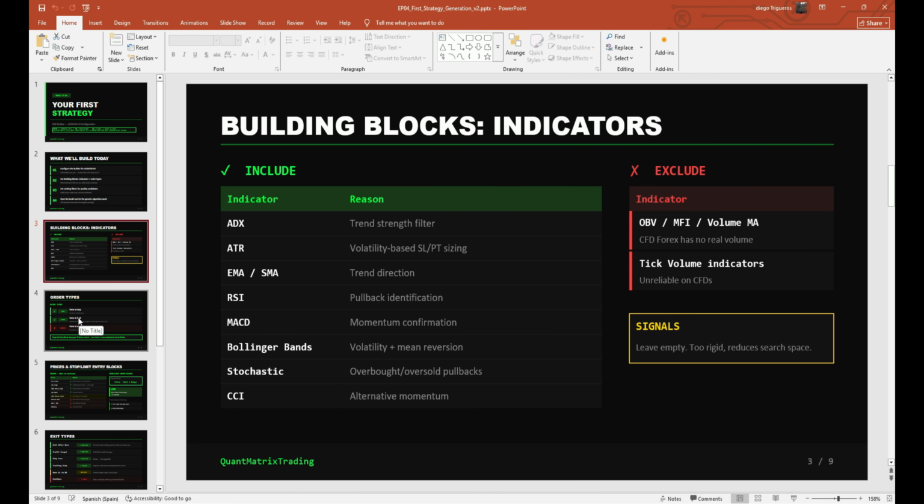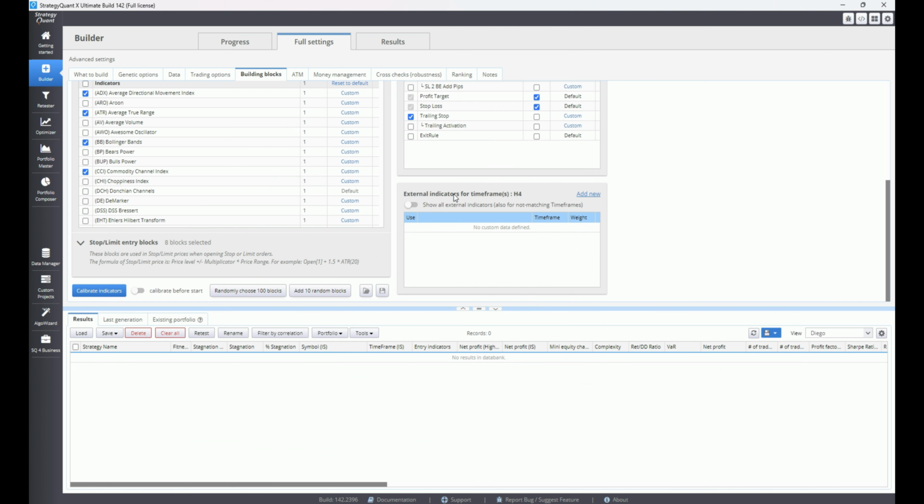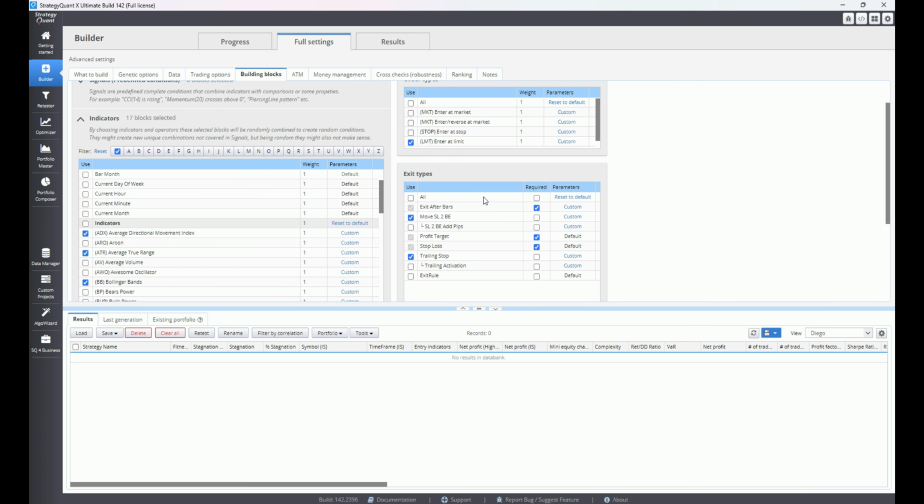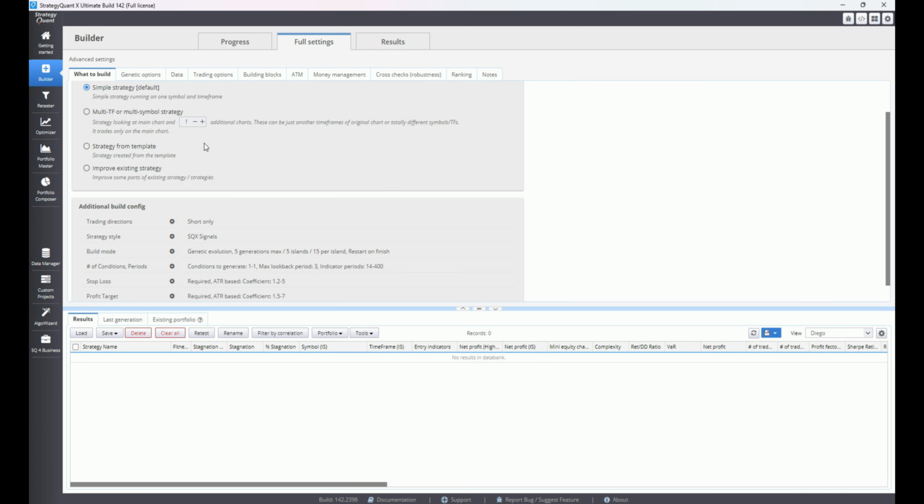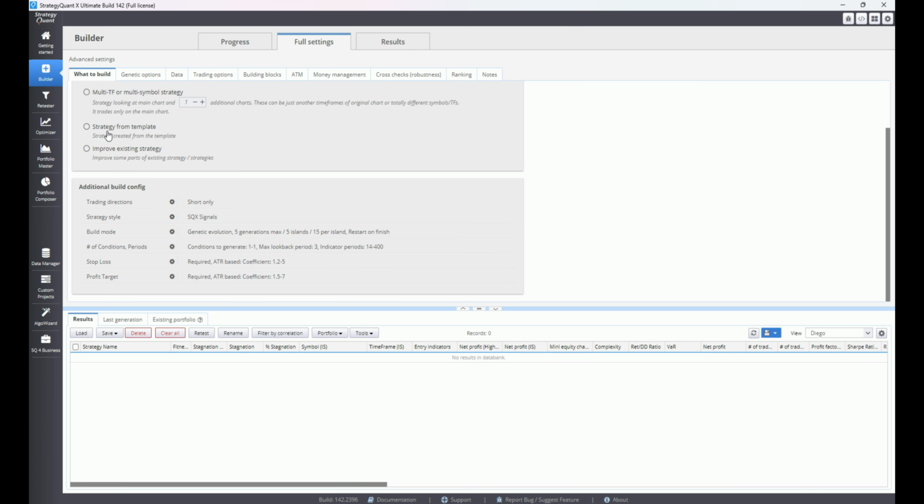Then as a second step, which order types? In this case, I'm picking a limit, right? Why limit? In my private course, I show you when to choose sell or buy limits. I have a strategy to find when.